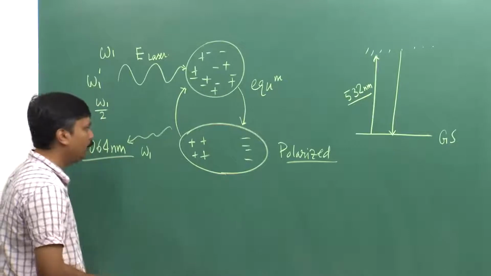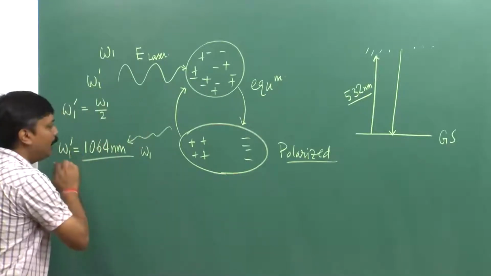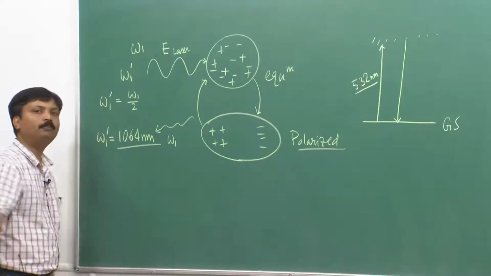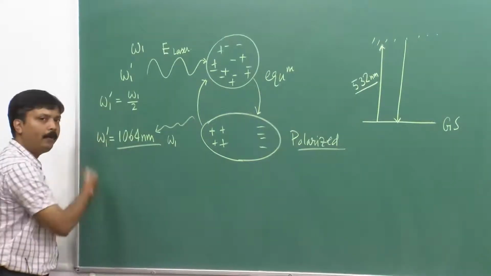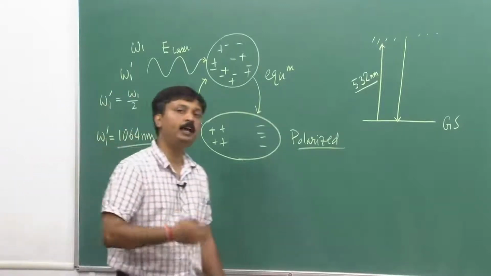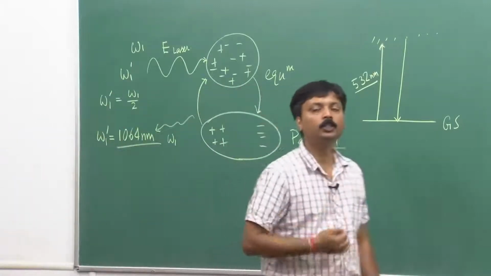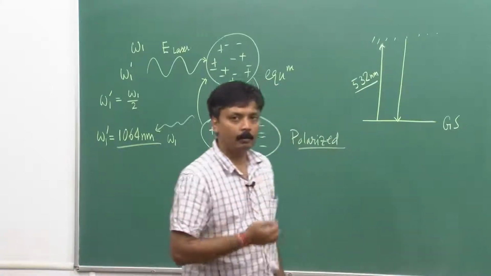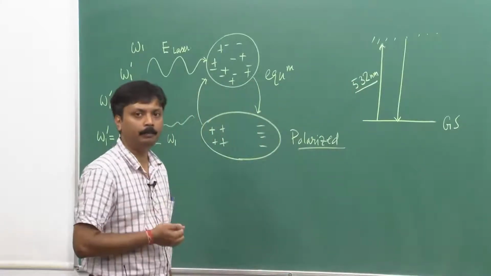Now, what I am going to do is allow the material to interact with 1064 nanometer light, that is my omega 1 prime, having a very large electric field, coming from a strong laser beam.